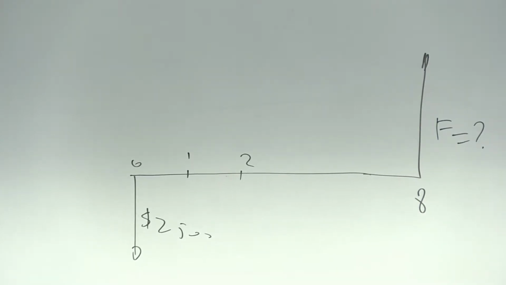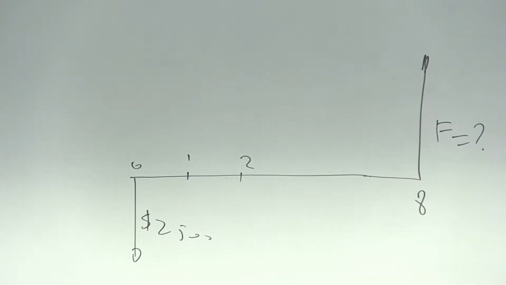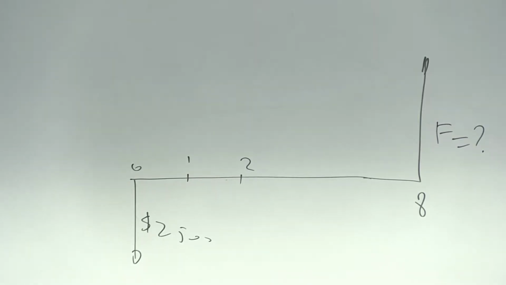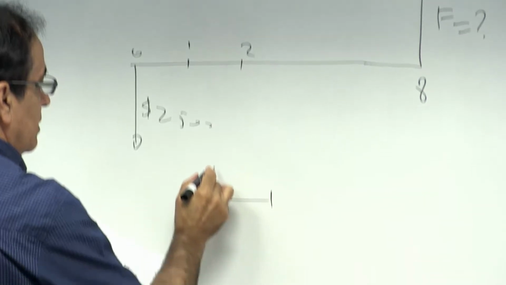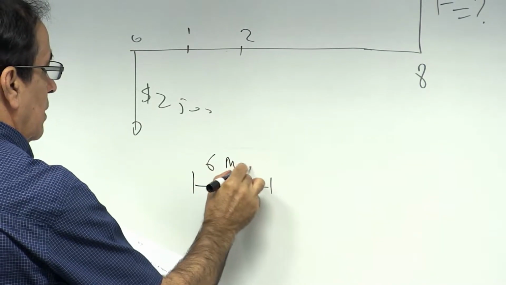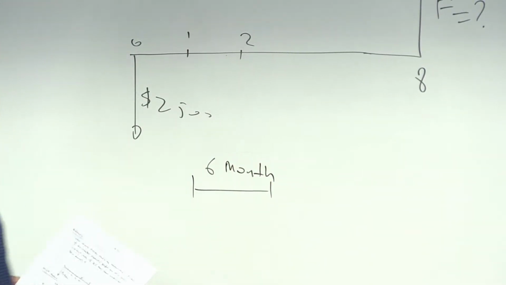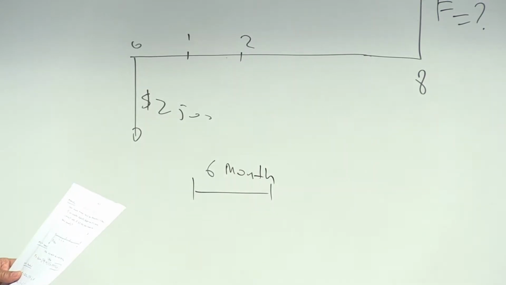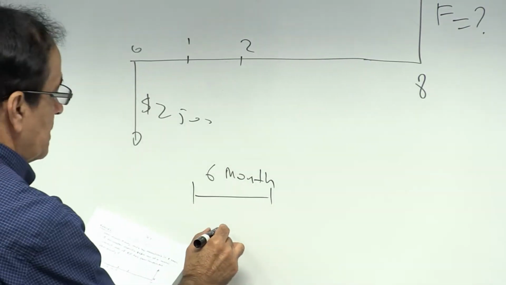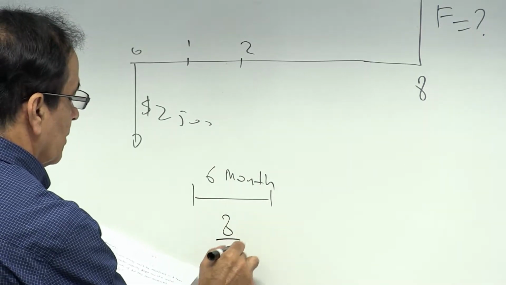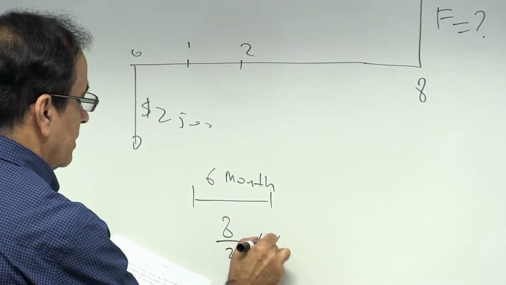So the best way to do this example is this. Use a unit of time as 6 months. So if the nominal for 1 year is 8%, for 6 months it's going to be 8 divided by 2, which is 4%.